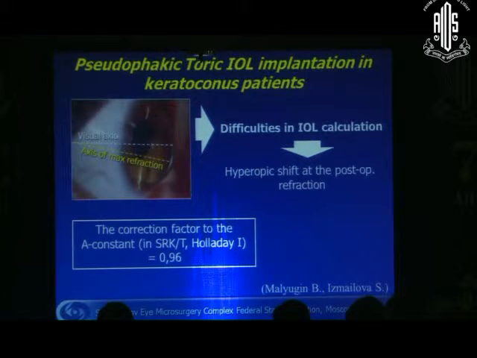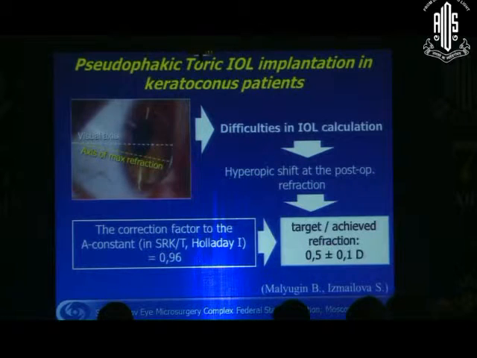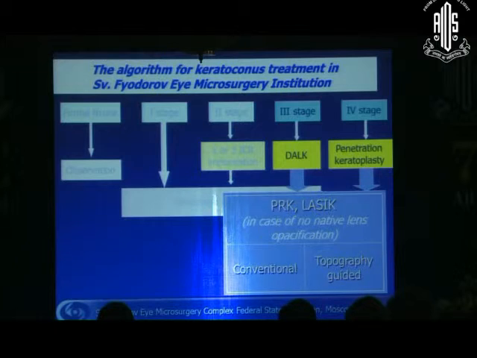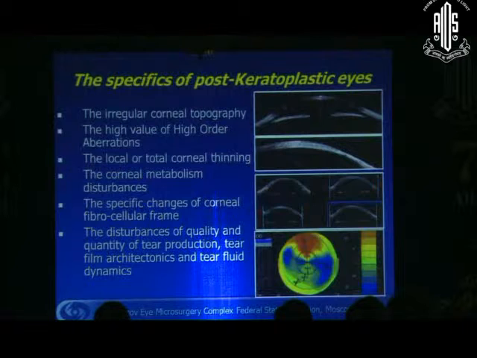So at our institution, a correction factor for the A constant was elaborated, which allows to improve the predictability of the refractive result. In case of corneal transplantation and post-keratoplasty refractive errors, we perform PRK or LASIK with a conventional or topography-guided algorithm.